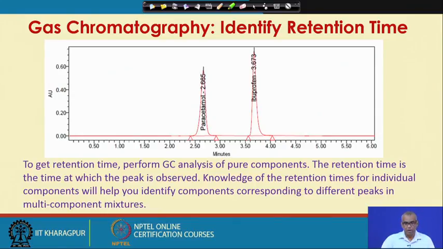This is what is shown in the chromatogram on the screen. You have a paracetamol peak and an ibuprofen peak. Note that their retention times are different. So, you will first carry out experiments with pure components to have an idea of the retention time of individual components. This information will help you in identifying the components in multi-component mixtures.